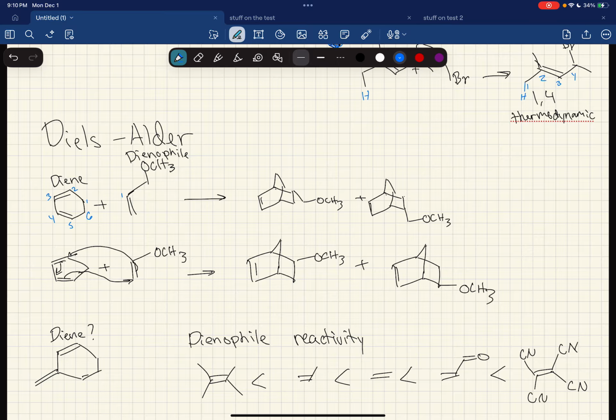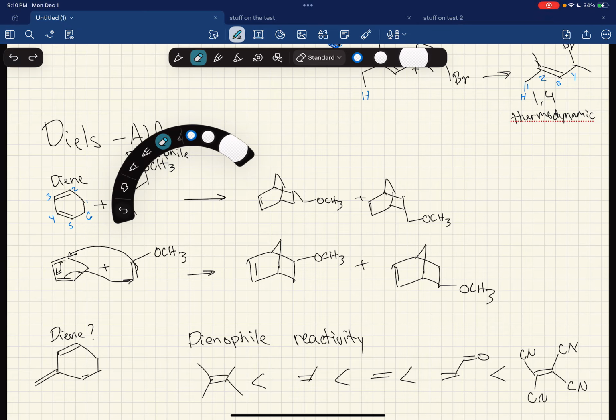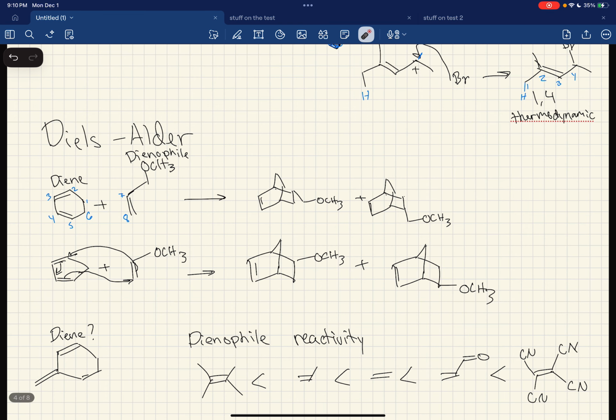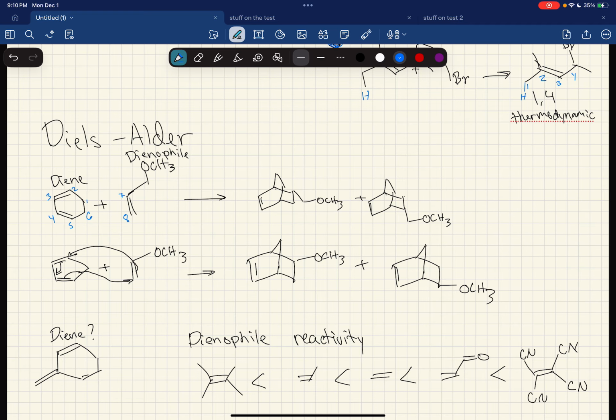and then 1, 2. So you know 1 binds with 2. I want to do different numbers. Seven, 8. So you know that seven is going to form a bond with 2, 5 is going to form a bond with 8.